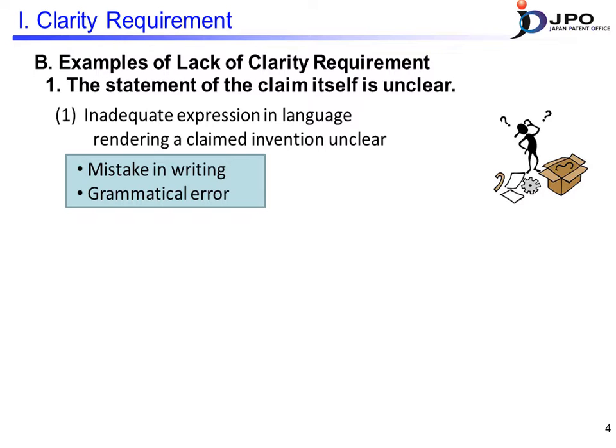Therefore, examiners need to read through not only the claims, but also the description and drawings, and they need to be familiar with the common general knowledge in the technical field.